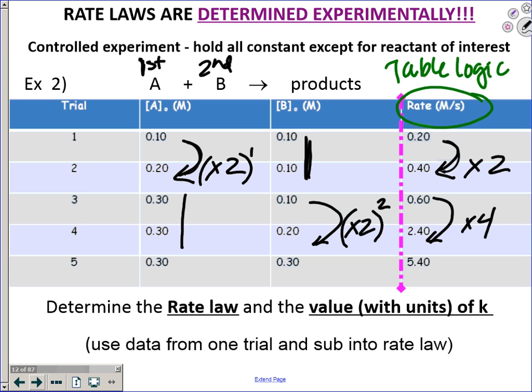Molar per second, right? Okay, equals k, because I don't know what k is. What's the concentration of A from the first trial? 0.1 molar to the first power. What's the B concentration for the first trial? 0.1 molar to the second power. Okay, so I have all of my variables plugged in, I solve for k.